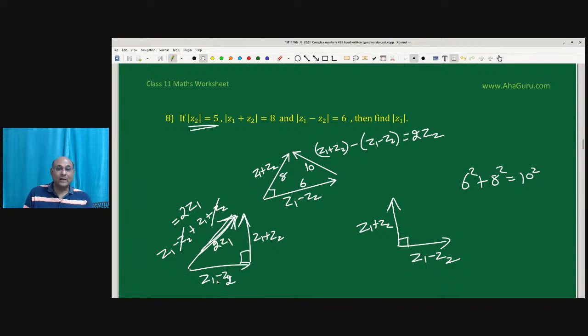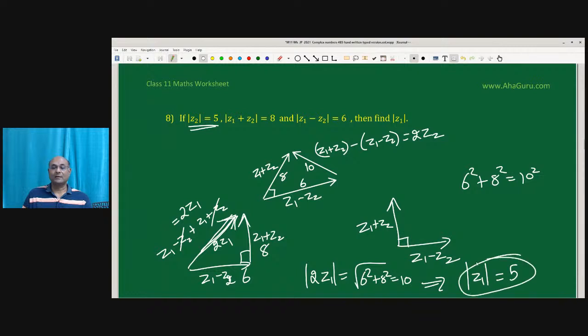But the Z1 minus Z2 length, you know, is 6. Z1 plus Z2 length is 8. So this 2Z1 should be root of 6 square plus 8 square because it's a hypotenuse, no? Which is 10 square. Root must be 10. That means modulus of Z1 must be 10 by 2, 5. Modulus of Z1 and modulus of Z2 must be equal.